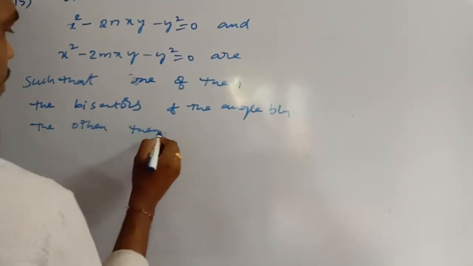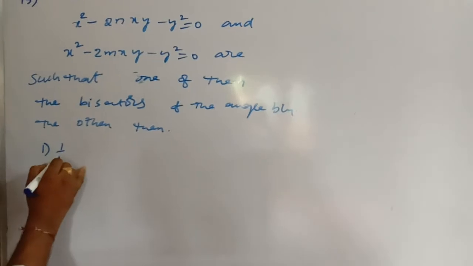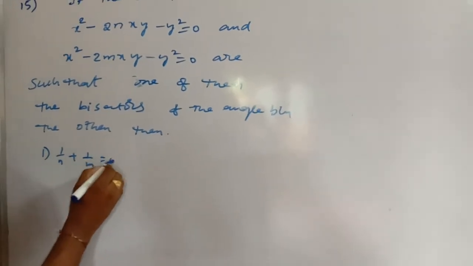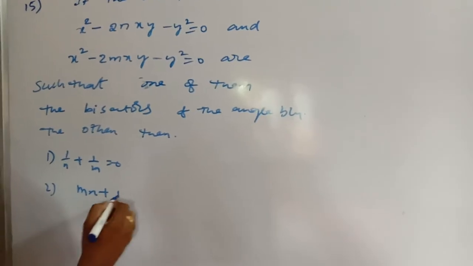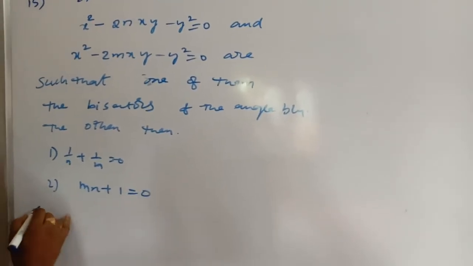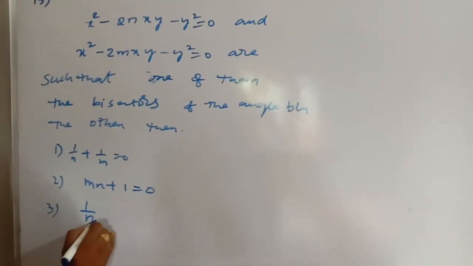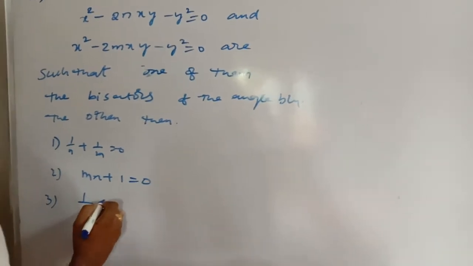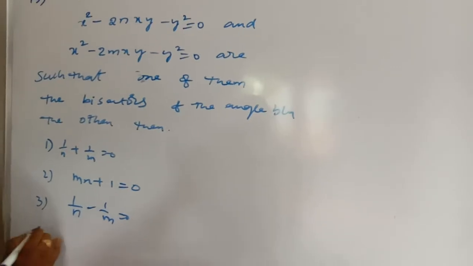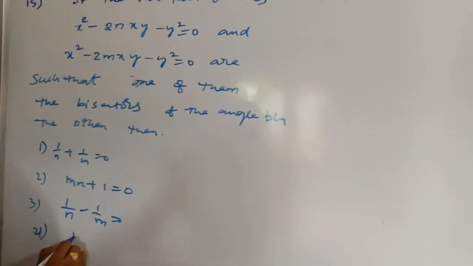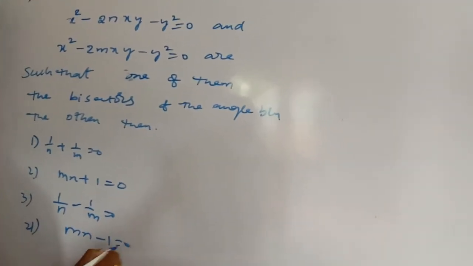Then the first option is 1 by n plus 1 by m is equal to 0. Second option is m plus n, mn plus 1 is equal to 0. Third option is 1 by n minus 1 by m is equal to 0. And fourth option mn minus 1 is equal to 0.